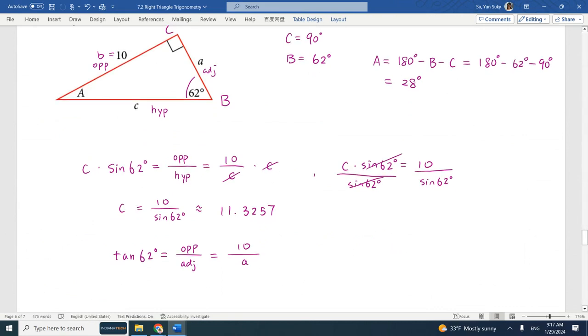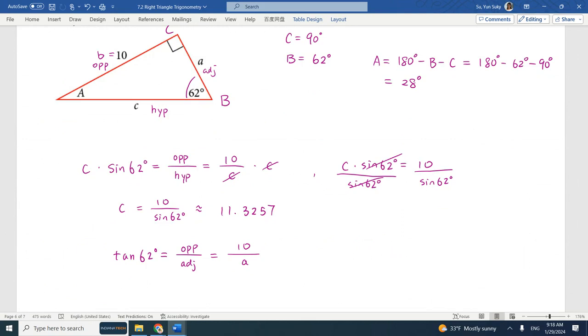Okay. How do we find A? We multiply by A. Yes? There's another way, because our goal is to have the A in the numerator, right?